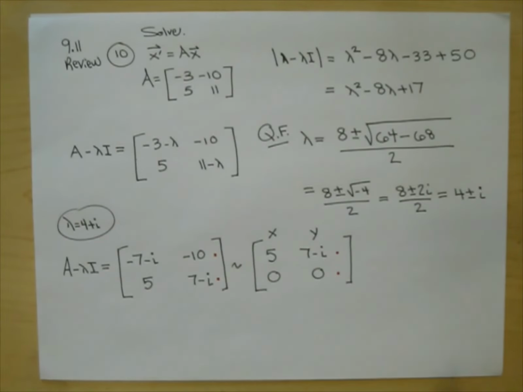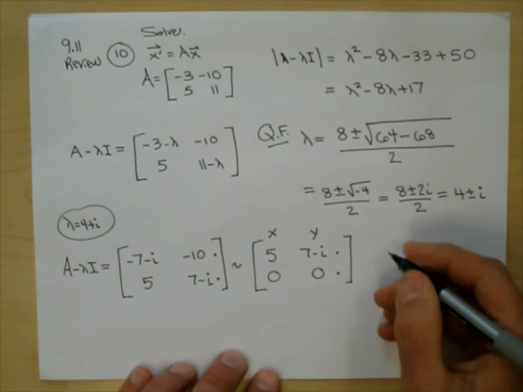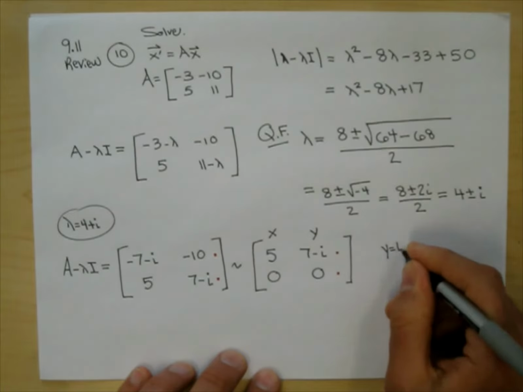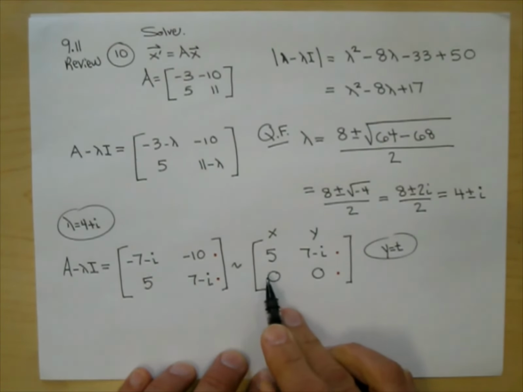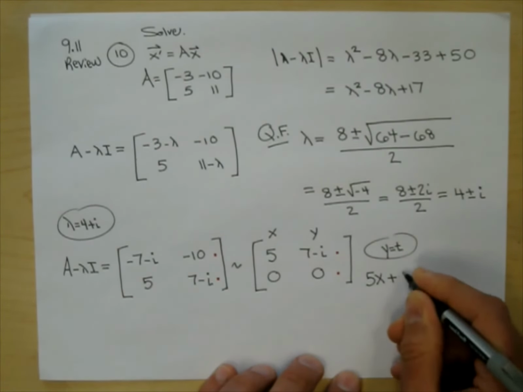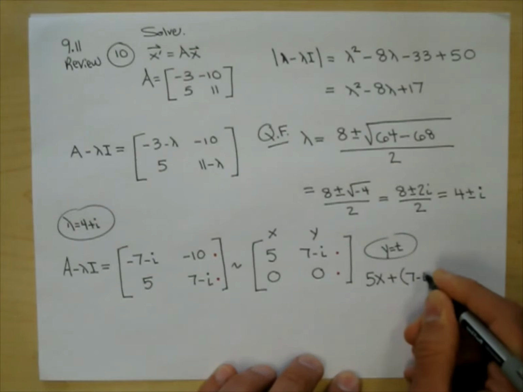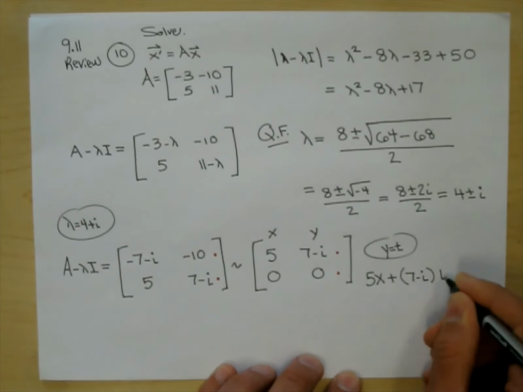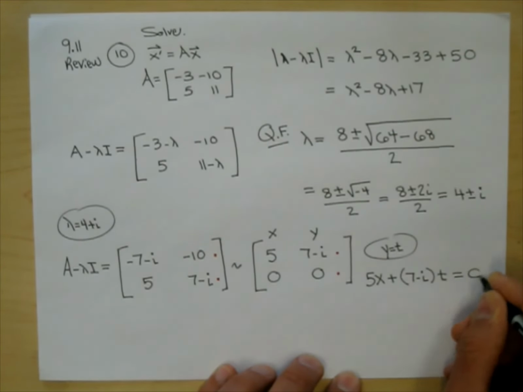So what do we have here? We have y equals t. And the top row, that equation says 5x plus (7 minus I) times t equals 0.